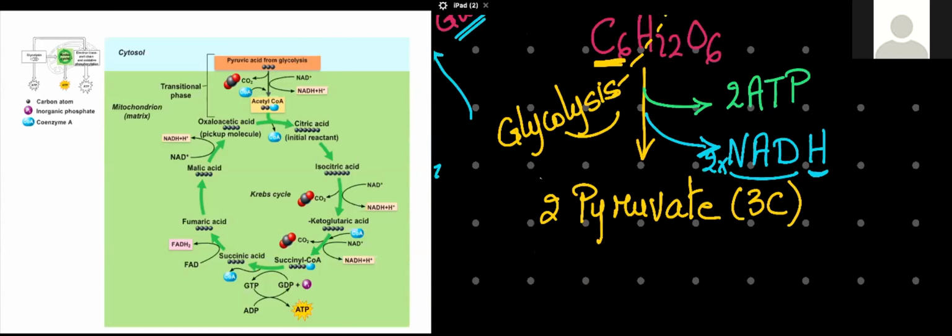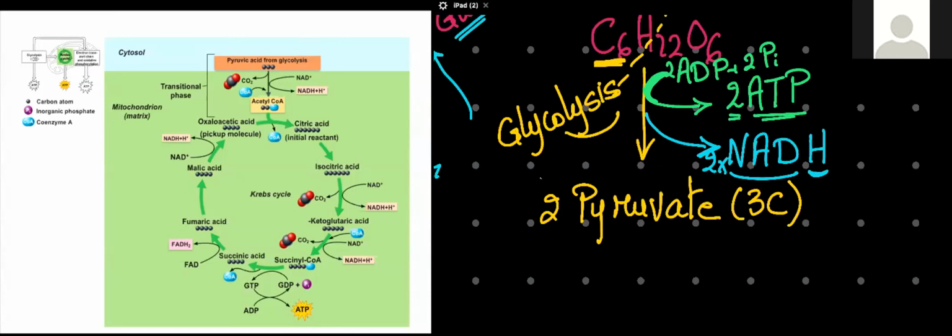So I will be breaking down 2 high energy bonds in the glucose, and I will be using those high energy bonds to build up 2 other high energy bonds between 2 ADP and 2 inorganic phosphates. This results in the formation of 2 ATP.